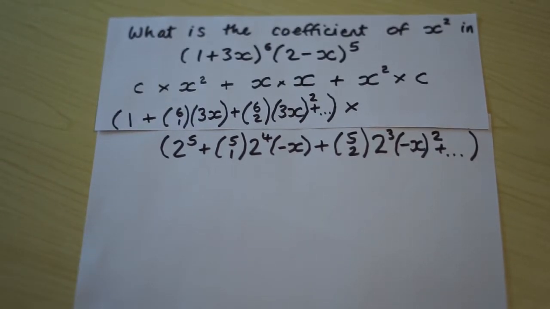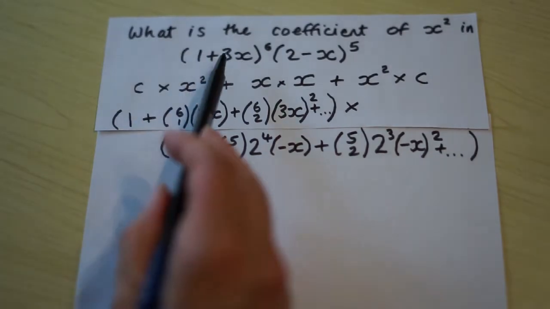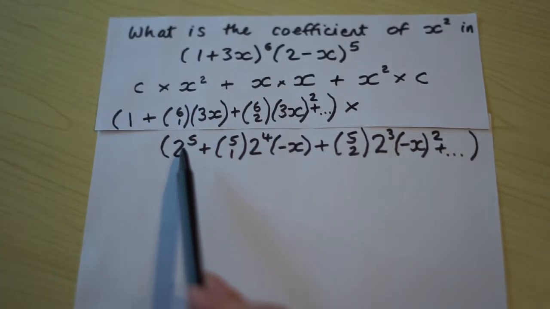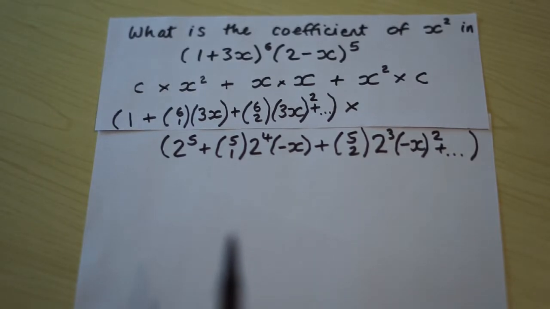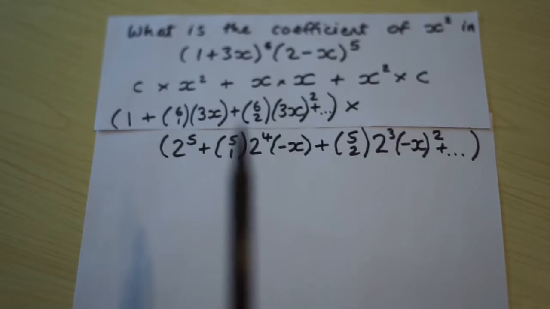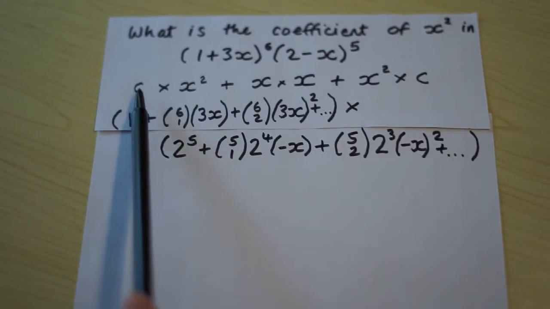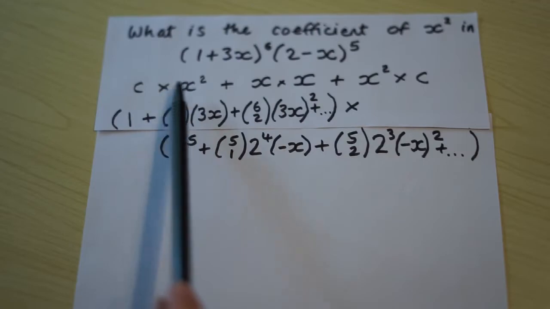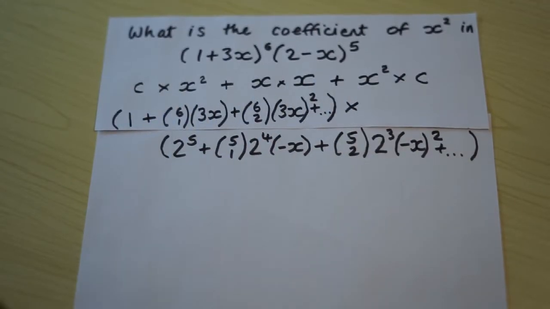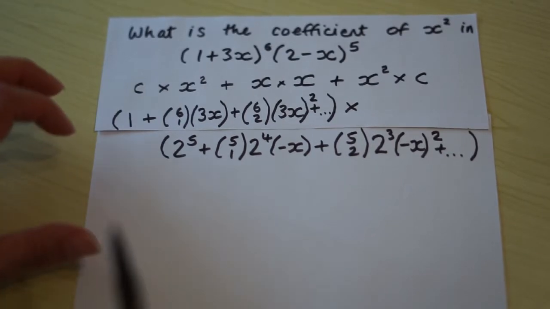We don't want that. So here we have the first one partially expanded, and the second one also partially expanded. And we know from our original plan that what we're looking for now is this information from these two partially expanded brackets. So let's find it.